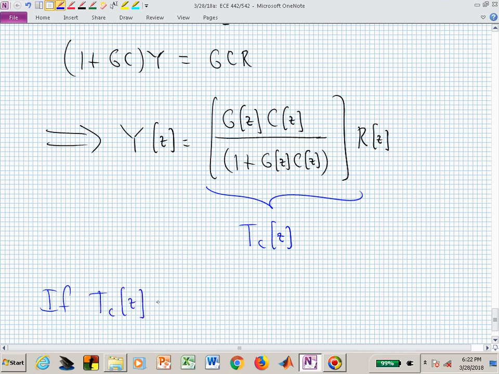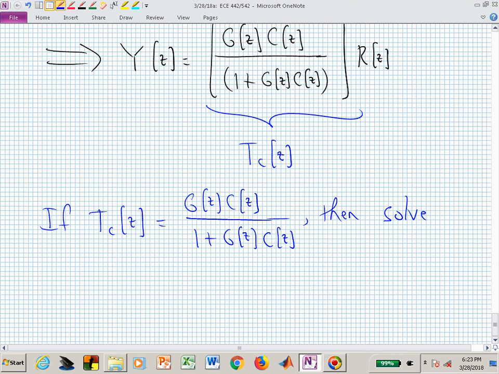If T sub C of Z is equal to G of Z, C of Z over 1 plus G of Z, C of Z, then we need to now solve this for C of Z. Now, to go back a step, this transfer function, T sub C of Z, assumed the block diagram that we started with.